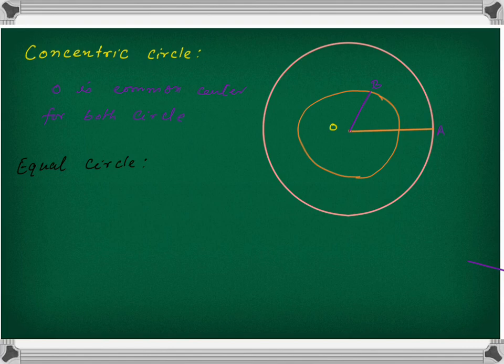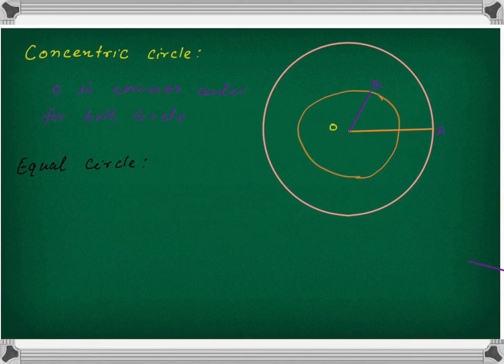So now we will talk about the equal circle. So what is the equal circle? By name we can say the circles are said to be equal if they have equal radii. Okay, so a circle is said to be an equal circle if all have the same radii. Equal circles are also called congruent circles.